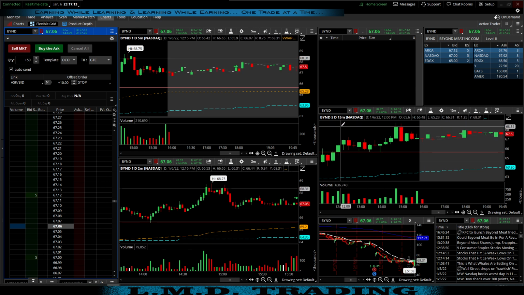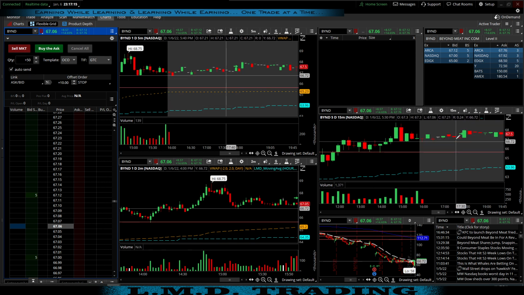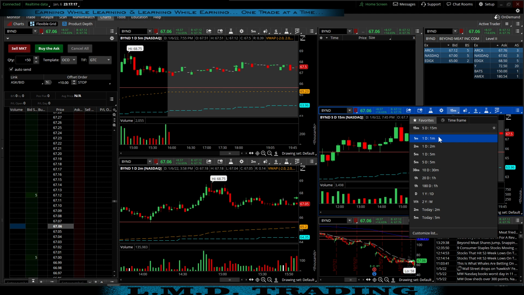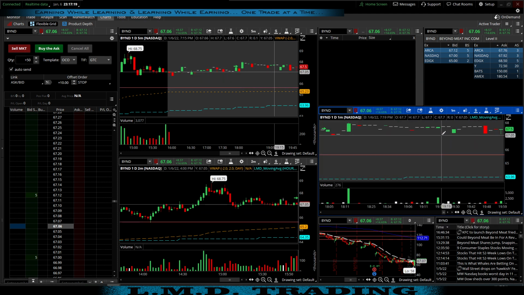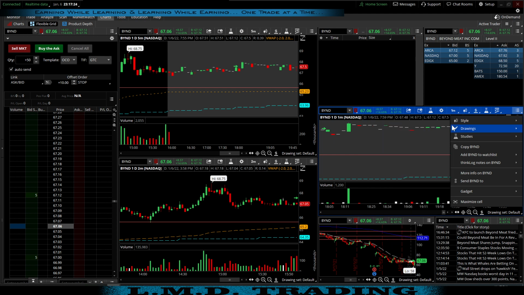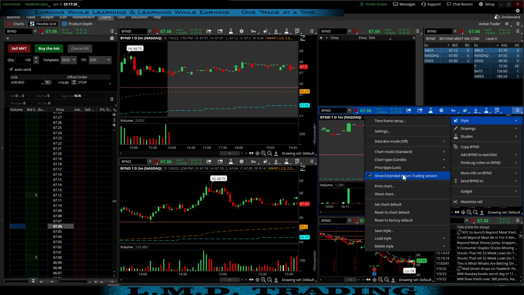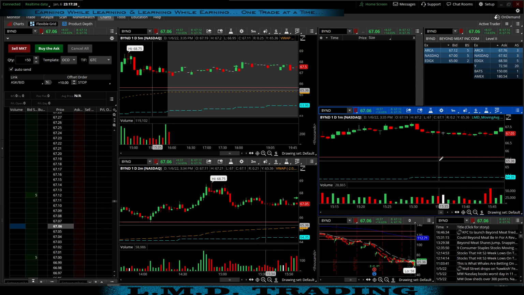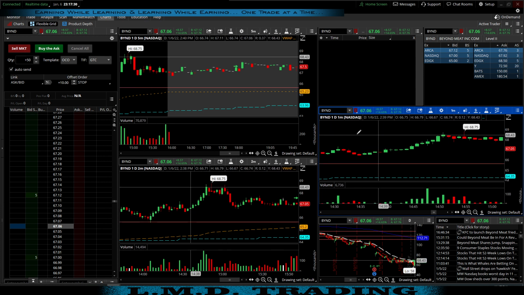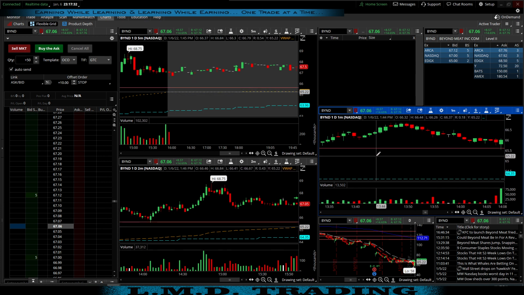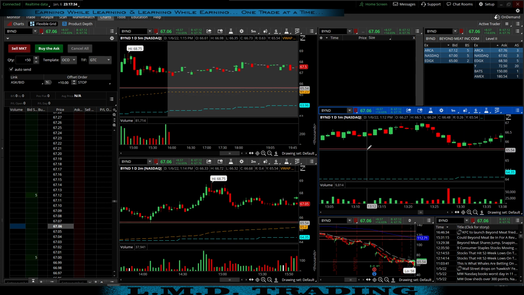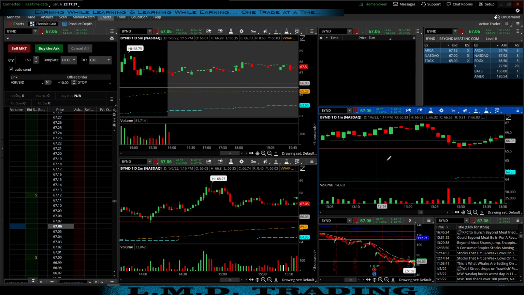Below that, right now this is set to 15. Usually when the market is opening, I'll have that set to 1 minute, and it usually does not have the extended hours turned on, so I'll turn that off. As the market opens, I'm usually looking at the 1 minute. Normally I won't take this to get into a trade.